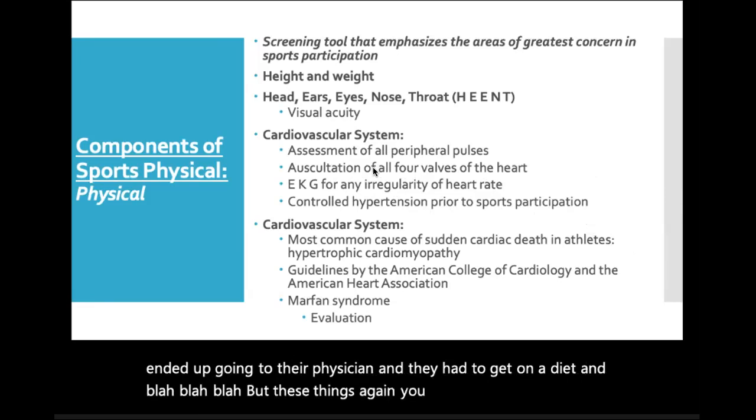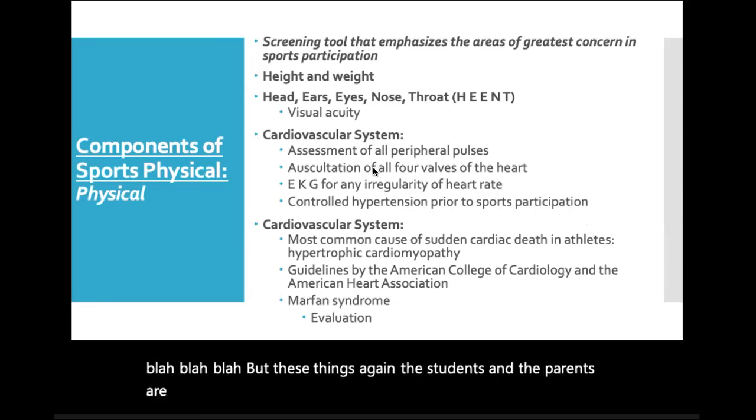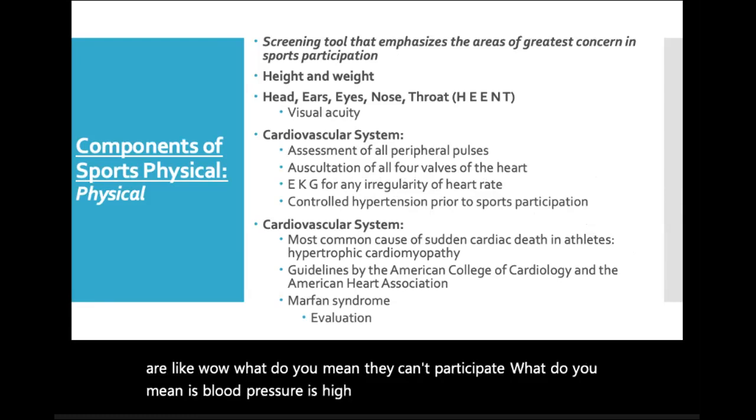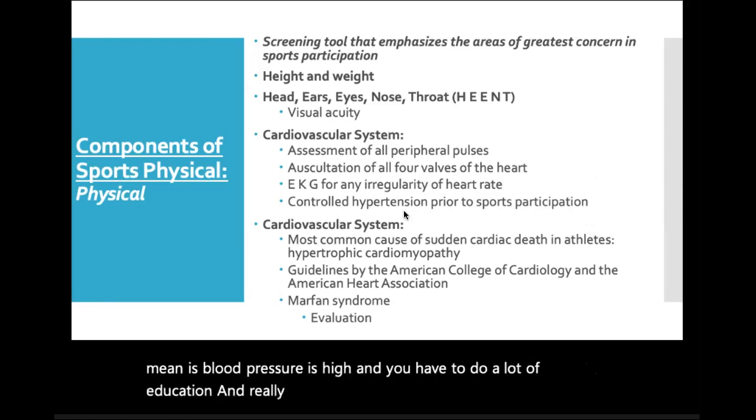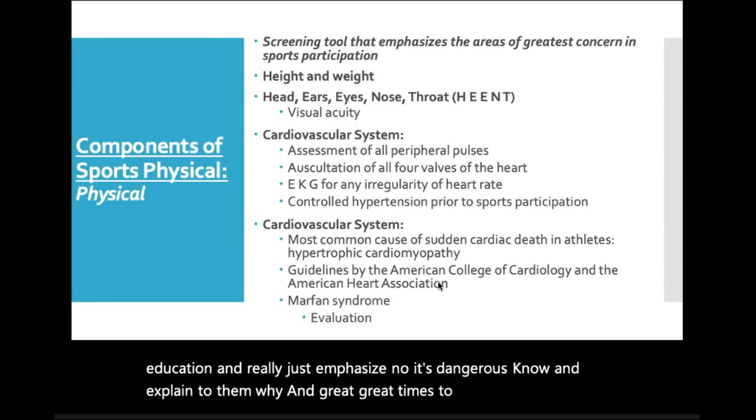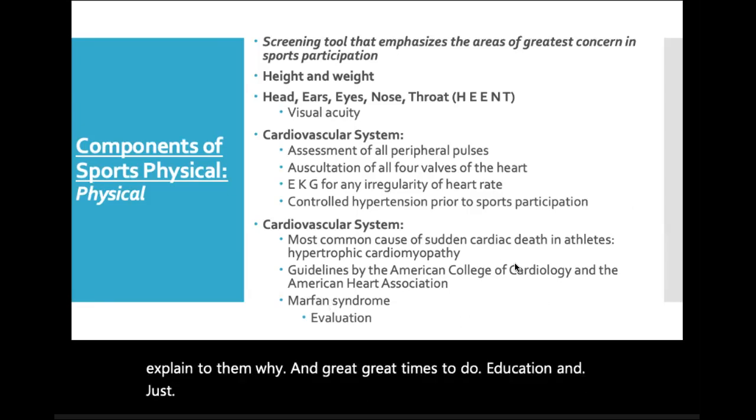The students and the parents are like, what do you mean they can't participate? What do you mean his blood pressure is high? You have to do a lot of education and really emphasize, no, it's dangerous, and explain to them why. These are great times to do education, letting them know about prevention and risk factors, and how they can modify these modifiable risk factors.